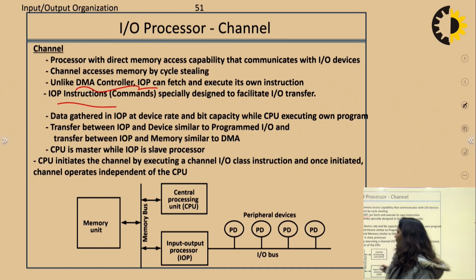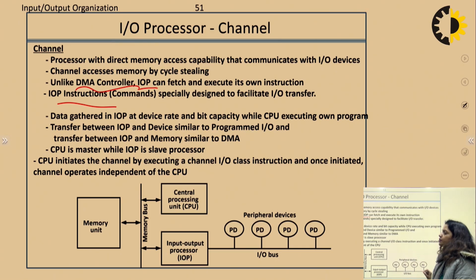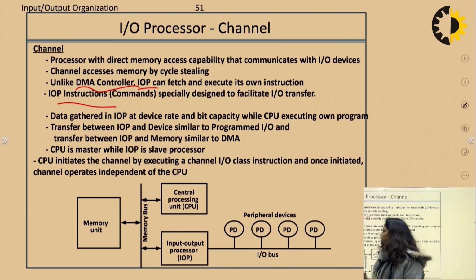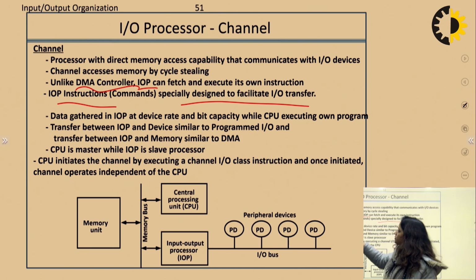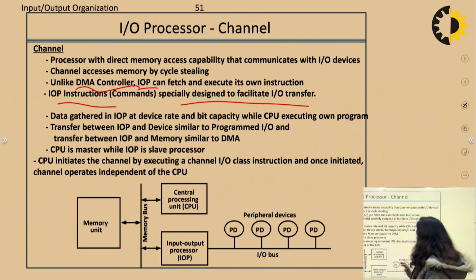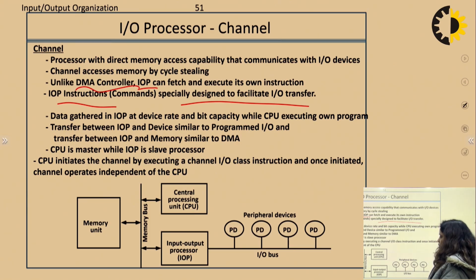The instructions associated with the input-output processor are known as input-output processor instructions. So, to overcome this DMA controller and remove the controller concept, the IOP is being used. What is the functioning of this IOP?